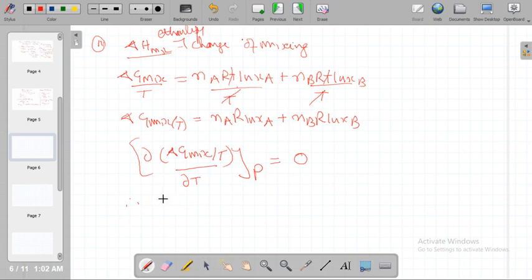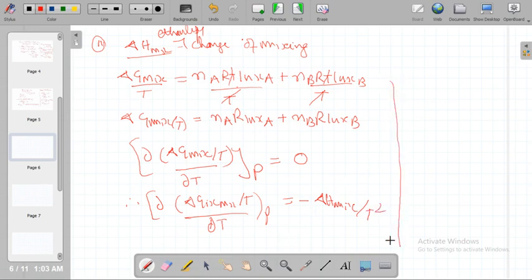Thus the small change in Gibbs free energy of mixing divided by change in temperature at constant pressure equals minus delta enthalpy of mixing by T squared. Continuing, this minus enthalpy of mixing by T squared becomes 0.